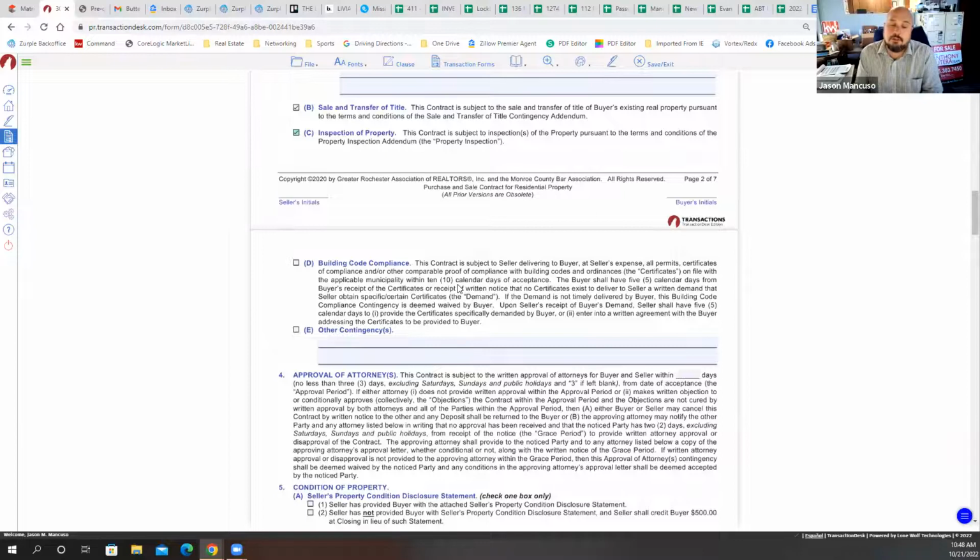And don't get me wrong, there are certain properties or situations where you're going to want verification that things are on file. But most times, it's part of the title work process that the attorneys do, to make sure there are no major issues with the property, whether it's something to do with the survey that could come up that would require a permit, like a fence, or something otherwise.